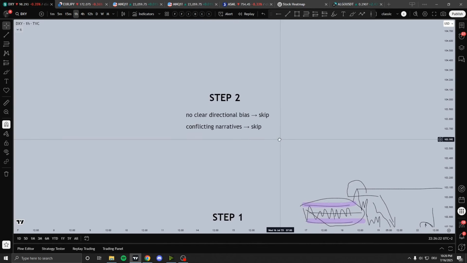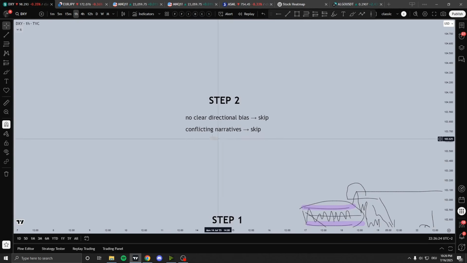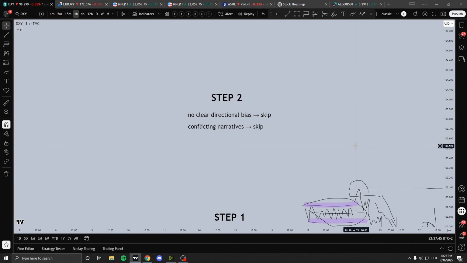Then if we go to the second step, once you have determined your trading conditions, meaning you can expect expansion, then you should ask yourself, do I have a higher time frame daily bias? Because if you don't have that higher time frame bias, you pretty much just dabble in the blind and don't know what to look for.